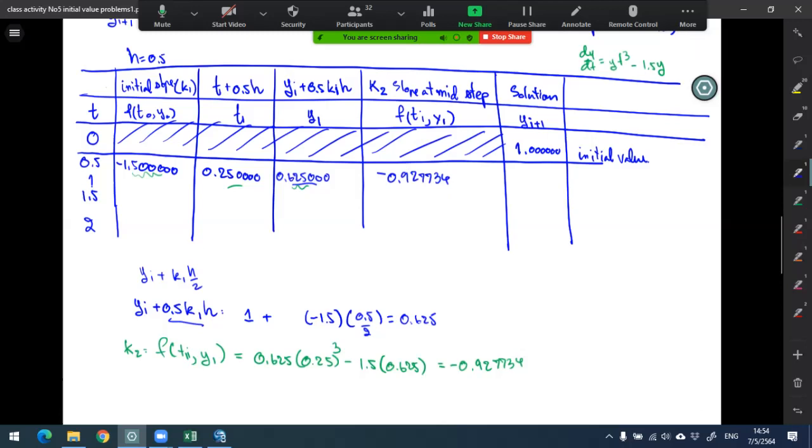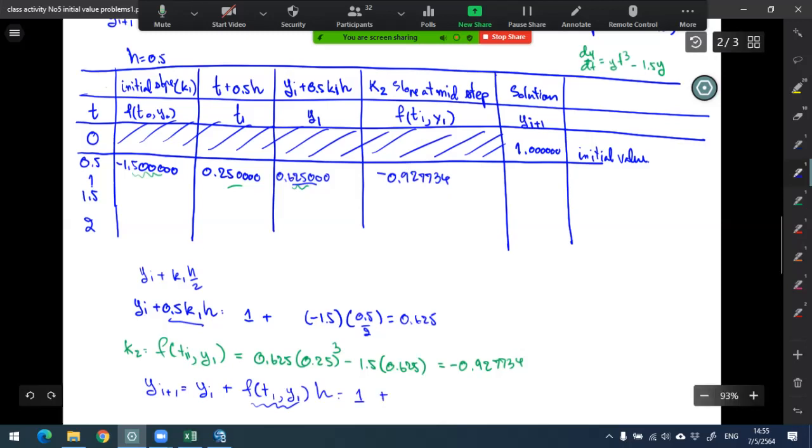Okay, and then for the final solution, what is it? yi plus 1 becomes yi, plus the slope at midpoint. This is the slope at midpoint, times h. That is, yi is 1, right? The slope at midpoint over here becomes minus, and with h is 0.5.